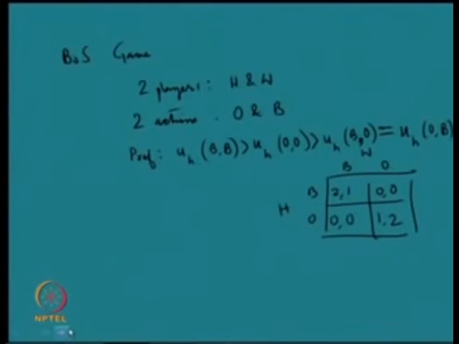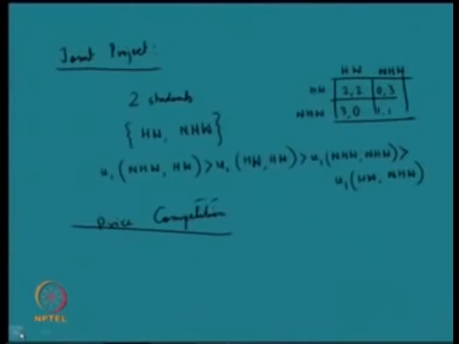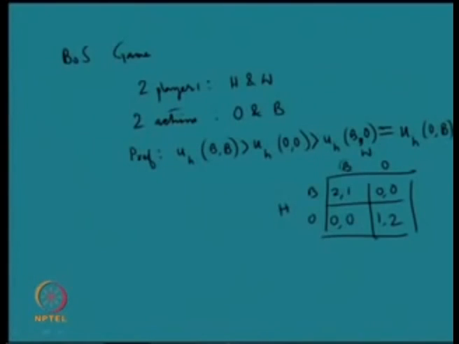Well, the difference lies in the fact that in this game compared to the prisoner's dilemma game, the players are unanimous that taking the same action is better. Remember, in the prisoner's dilemma game, they were not sure whether taking the same action was better. Here, for example, if they take the same action, then each has an inclination to deviate. But here, if they take the same action, nobody will deviate. So, there is this difference.